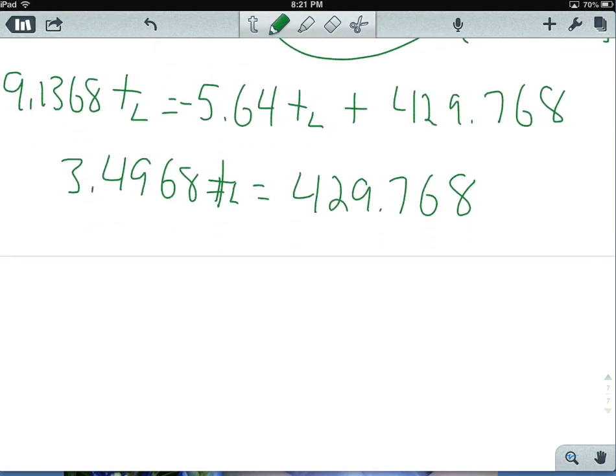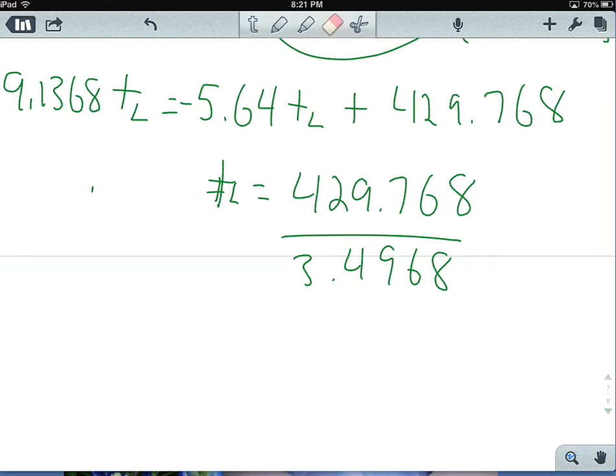Now all we do is divide both sides by 3.4968, and that gives us the time of our longitudinal wave, which works out to 122.903 seconds.